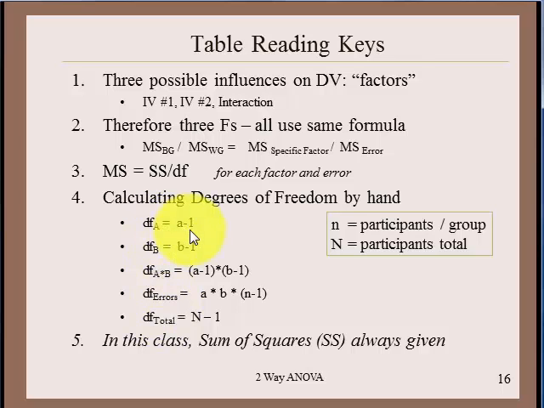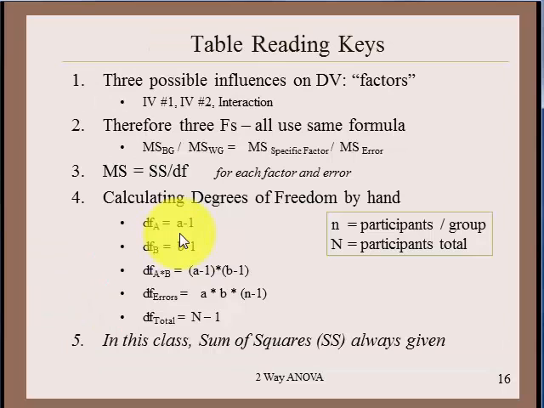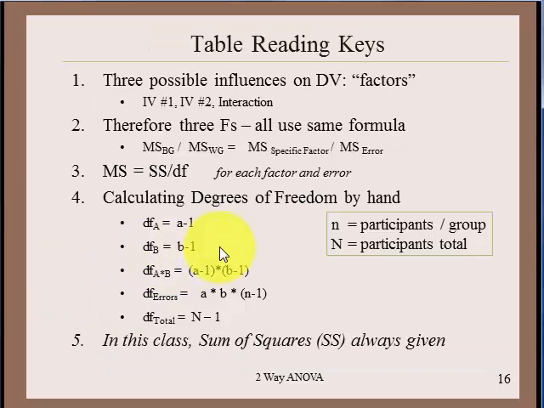So if there's 2 levels of A, and remember A is color, 2 levels of A, it's 2 minus 1 or 1. 2 levels of B, B being sex, 2 minus 1 is 1. And then what about the degrees of freedom for the interaction? It's A minus 1 times B minus 1. Well, that's 2 minus 1 is 1 times 2 minus 1. So it's 1 times 1, or 1.